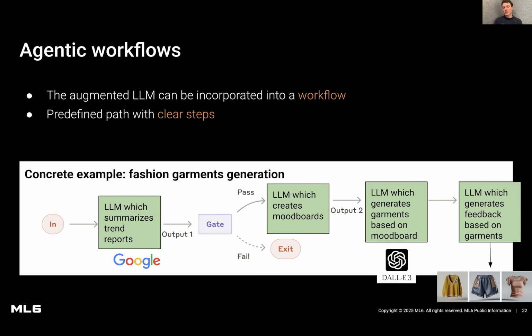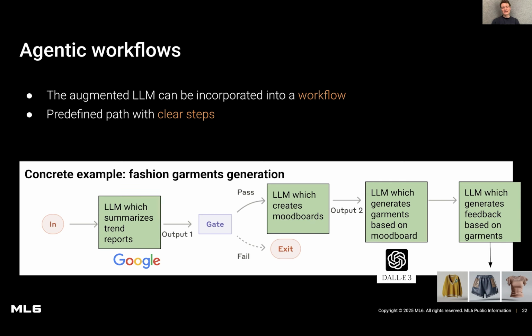And then finally, once we have generated those clothing pieces, we have another augmented LLM step, which is actually a vision language model in this case, because it takes in the pictures of those clothing items together with the descriptions, and provides consumer feedback on those, basically mimicking what potential consumers of those types of items would say.